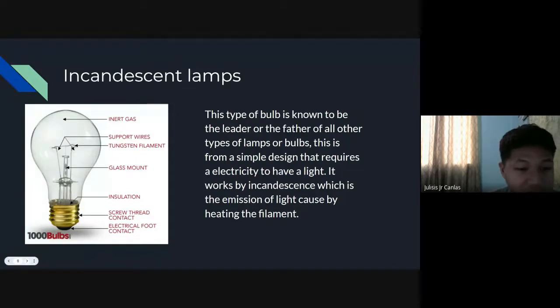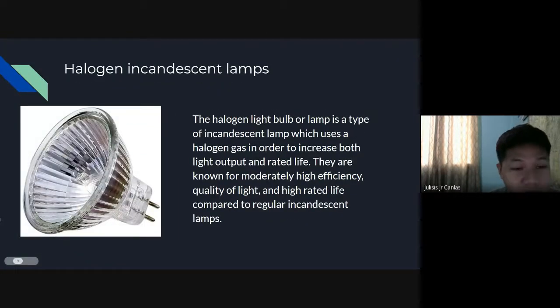And the next one is the halogen incandescent lamp. The halogen light bulb or lamp is a type of incandescent lamp which uses a halogen gas in order to increase both light output and rated life. They are known for moderately high efficiency, quality of light, and high rated life compared to regular incandescent lamps.